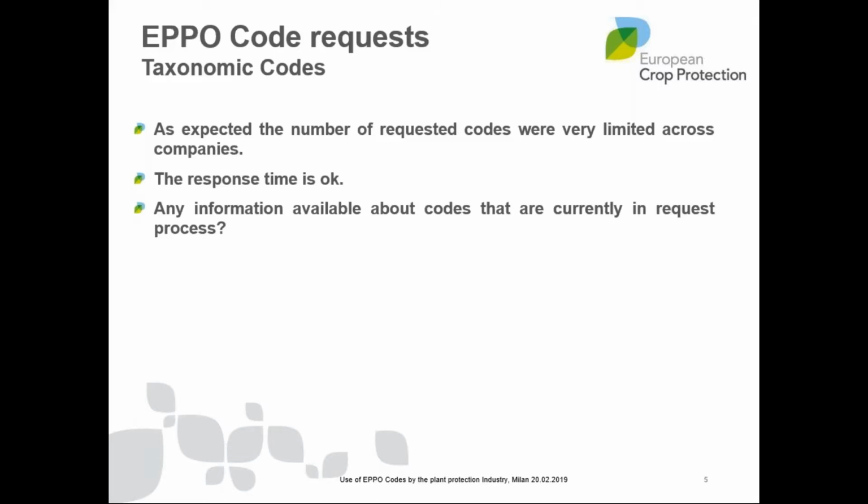So when we wonder, do I have to become active, or is somebody else already requesting this code? For instance, when a new genus of fungi was identified and so on. So I don't know how to get this information right now.